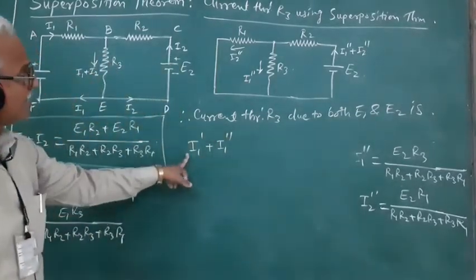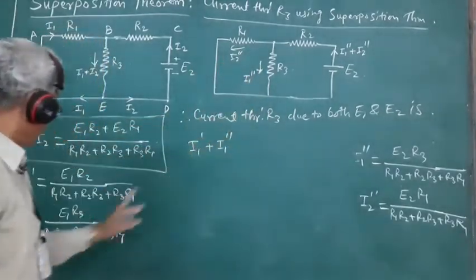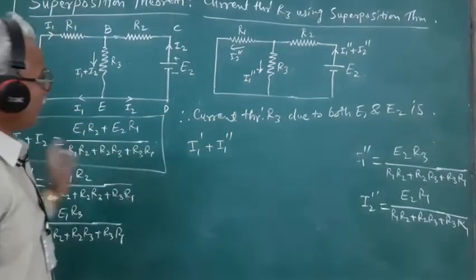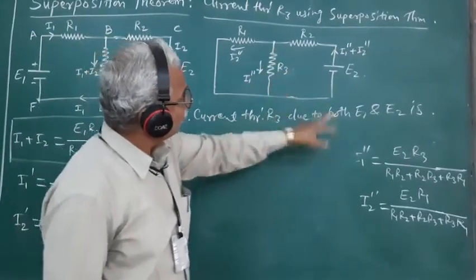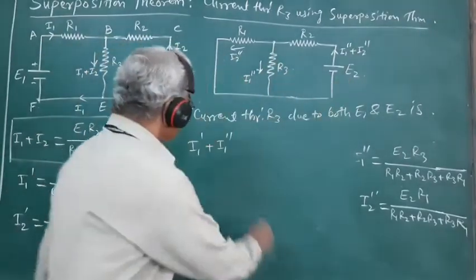I1 prime is the current through R3 only due to E1, and I1 double prime is the current through R3 only due to E2.